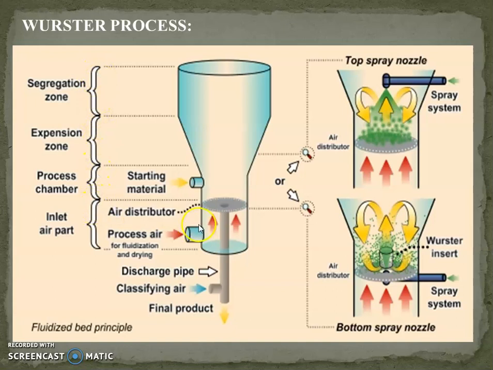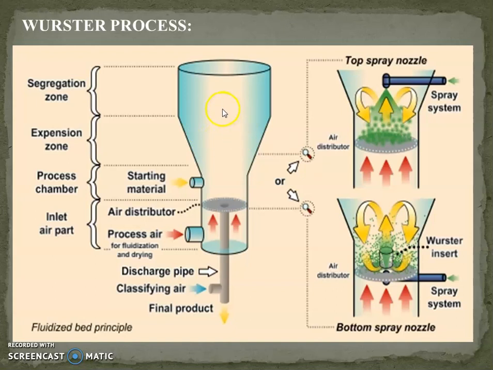The inlet air part at the bottom side consists of a perforated plate. Below this perforated plate, there is a process air supply inlet. High velocity air is supplied from the bottom so that the particles fed from the feeding inlet and placed on the perforated plate get suspended in the air in the expression zone, where the maximum number of particles receive the coating.